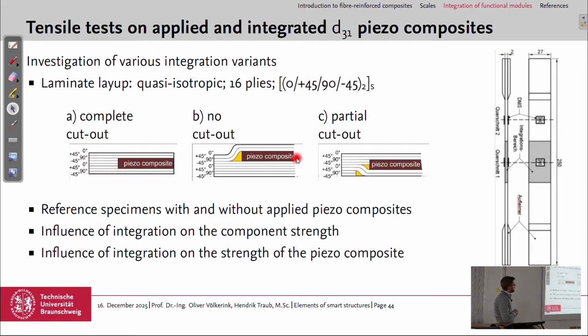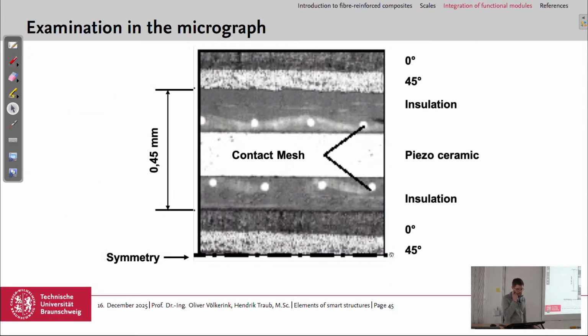And it was a quasi-isotropic layup, 16 plies, 0, plus 45, 90, minus 45, 2 times, and then a symmetric layup. And also reference specimen without piezo composites integrated. And the goal was to assess the influence of the integration on the strength and also on the piezo composite.